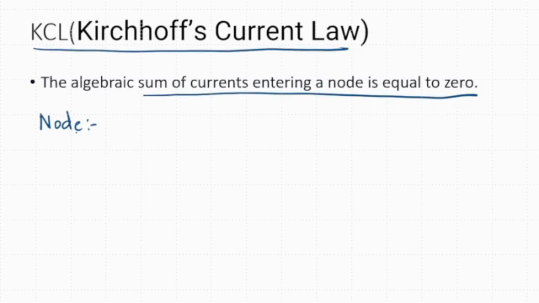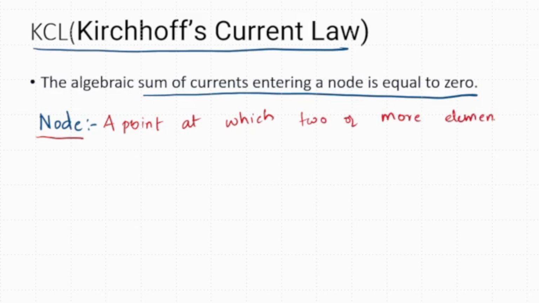A node is a point at which two or more elements are joined together.